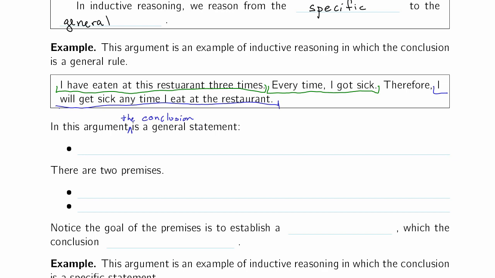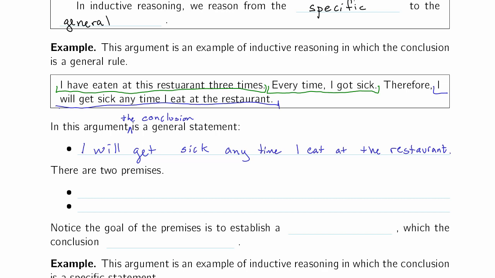In this argument, the conclusion is a general statement. It is, I will get sick anytime I eat at the restaurant.